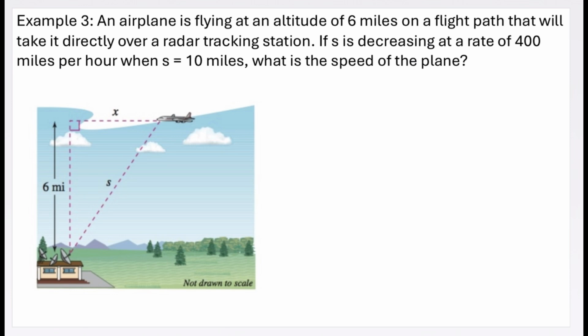So we already have this triangle drawn for us, which is nice. We don't have to figure out what the shape is. The airplane has a height of 6 miles. That's not going to change. The thing that is changing is this length and this length as the airplane gets closer to being directly above that radar station.